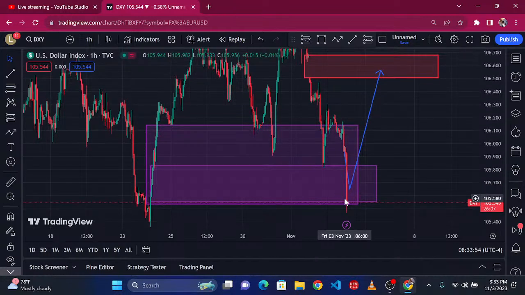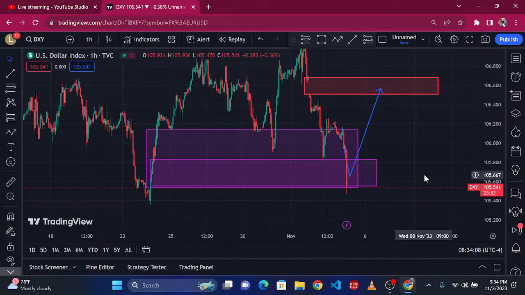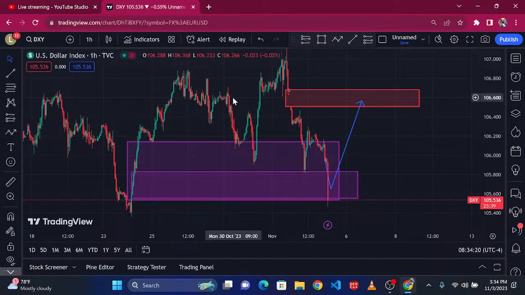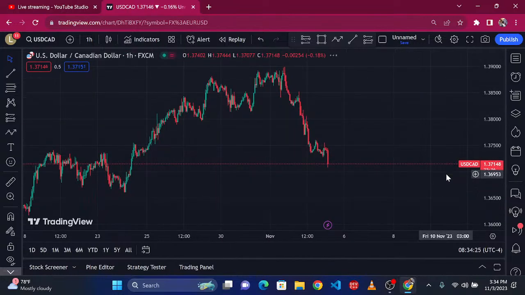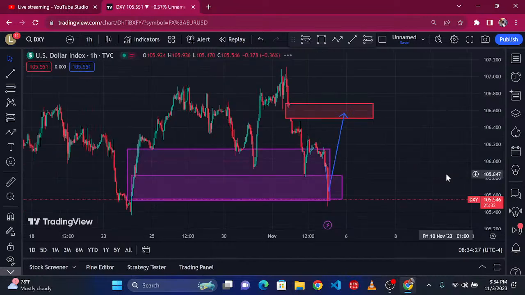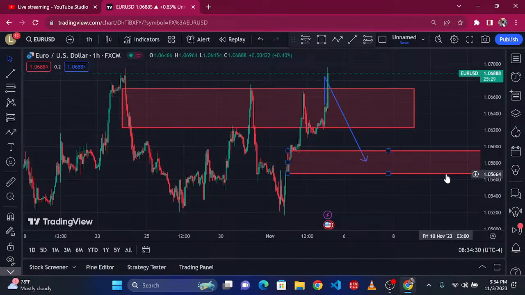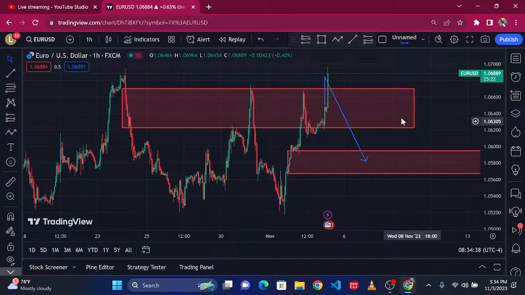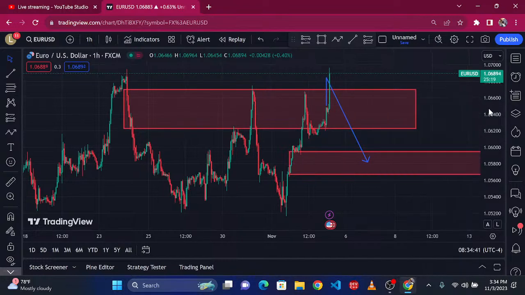It has reached where we want it, so this one, DXY, we want it to go back to the top. USD has taken up the highs.